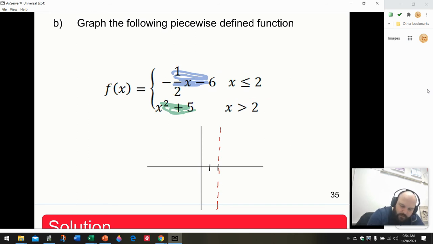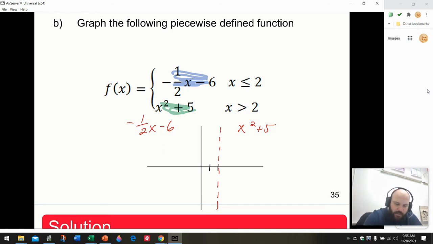So this is -1/2 x minus 6. That's where this is going to get graphed. It's to the left of that border. The x squared plus 5 is getting graphed to the right of that border. Okay, so each part is going to get graphed, but only on its side of that border, which is at 2.